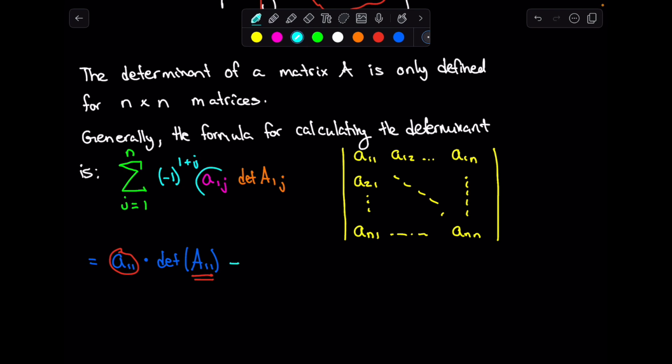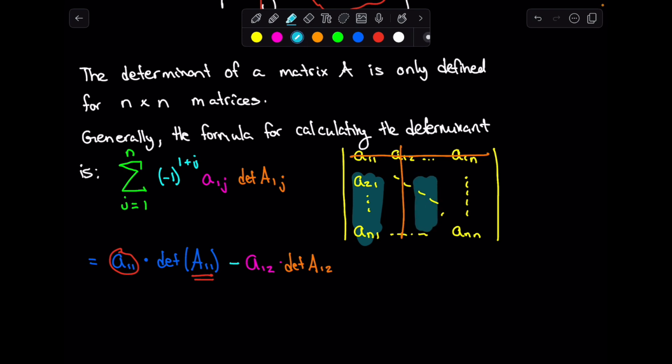We move on to the a sub 1,2 term, again across this first row, so we get a sub 1,2 times the determinant of the remaining matrix that we get when we cross out this row and column. It's going to be the matrix that we get from this stuff and this stuff over here, and so on and so forth.